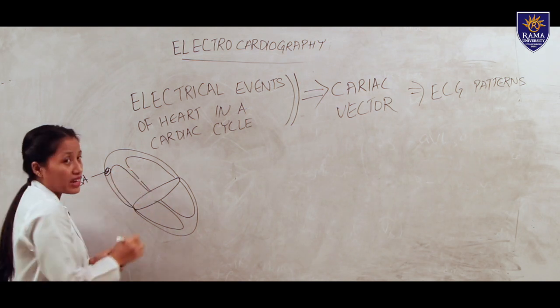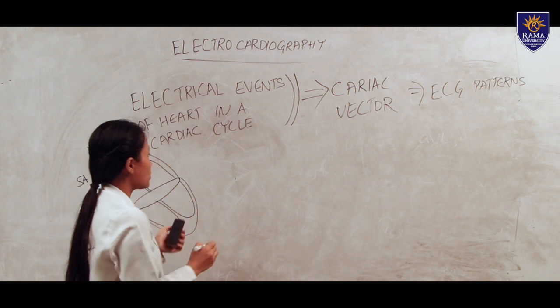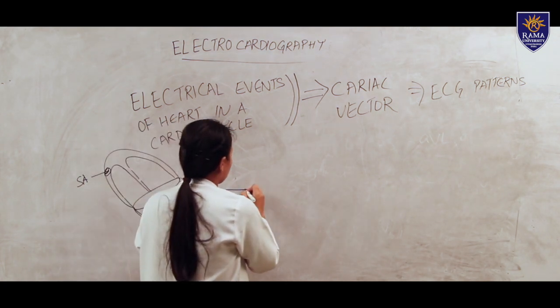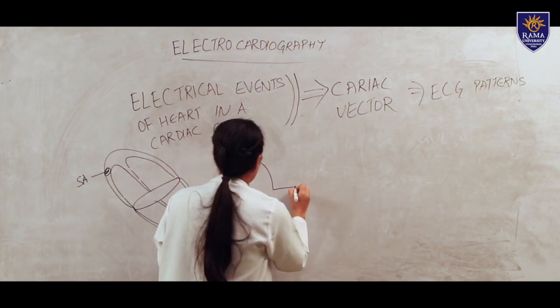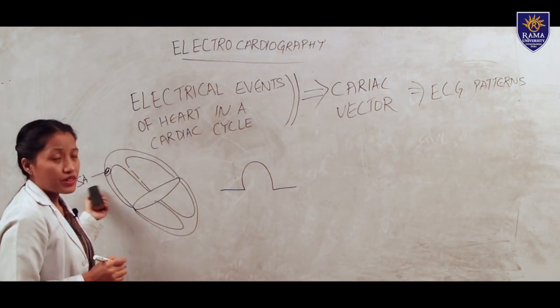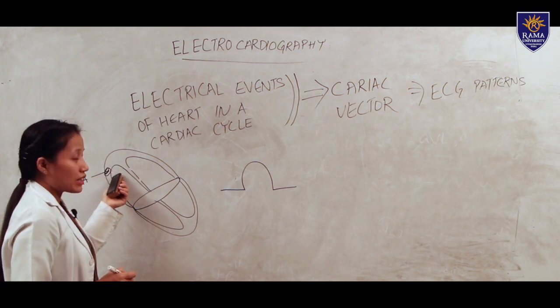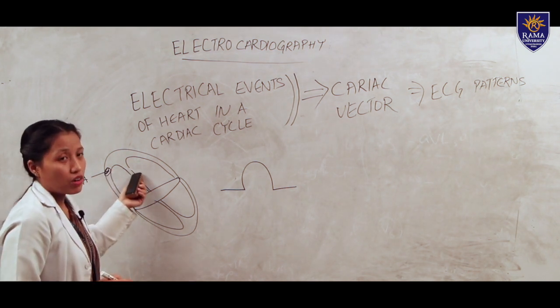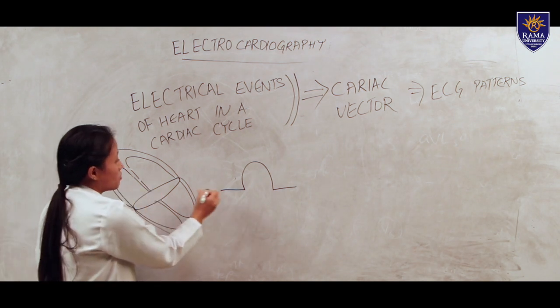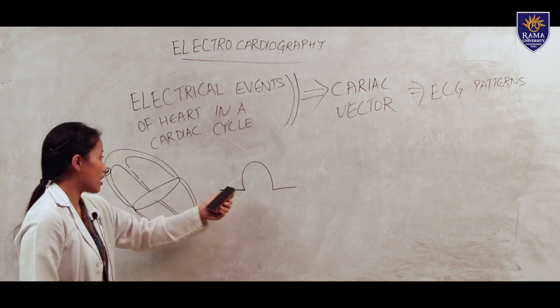This is known as atrial depolarization. It is the first electrical activity, and it will produce a waveform, that is the P wave. From the SA node, depolarization is generated, forming the atrial depolarization, and it produces the P wave.